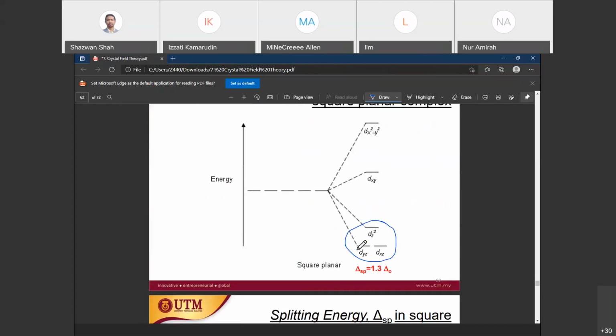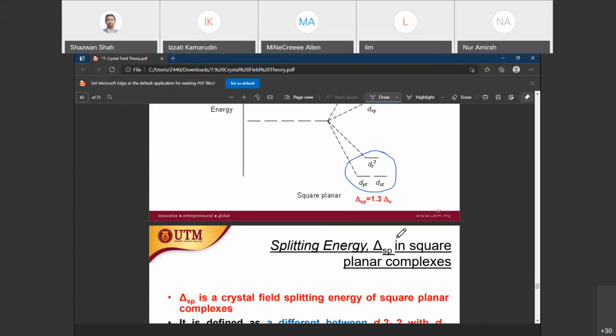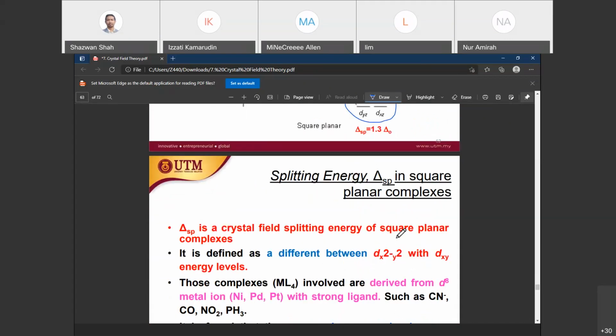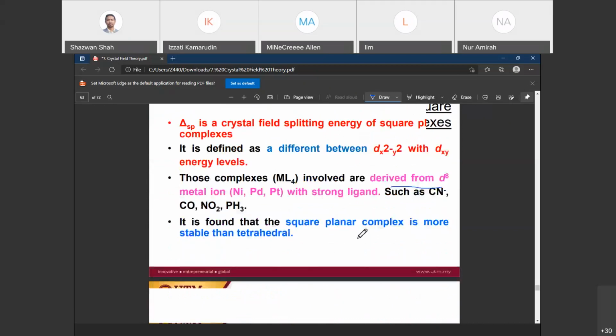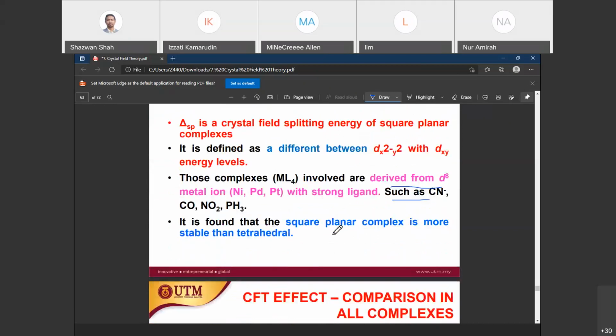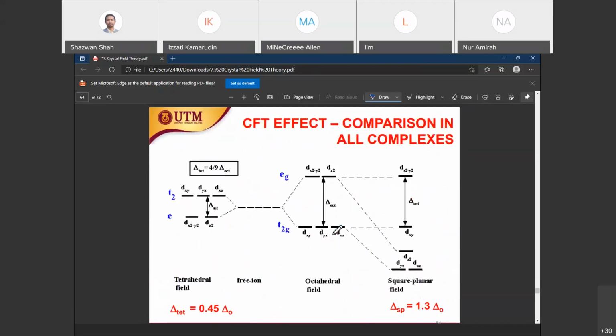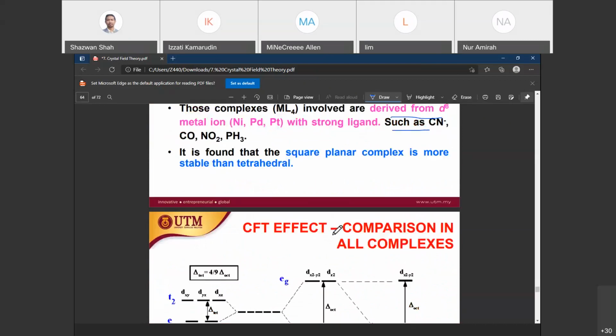So that's why the energy level decreases or reduces, because there are no ligands at this axis. So again, square planar is a d8 metal ion with strong ligand, and all platinum complexes.